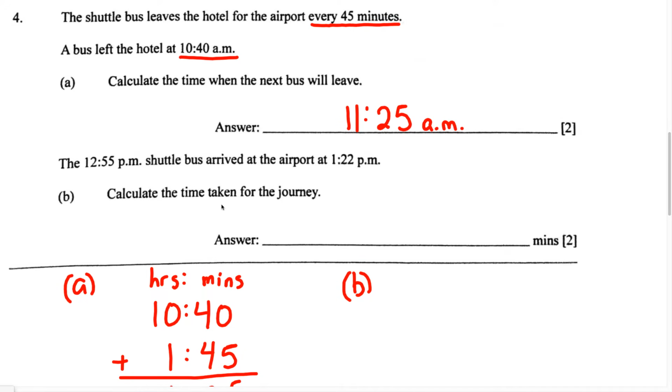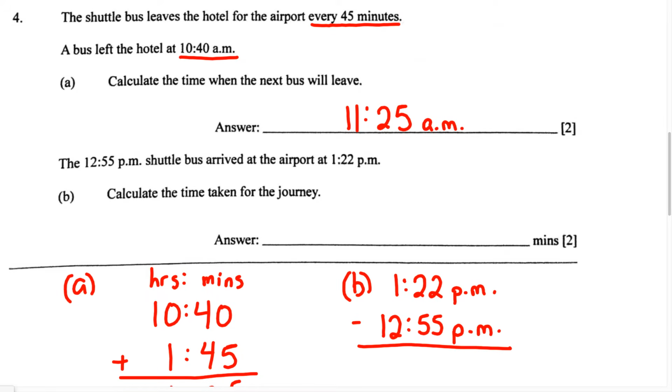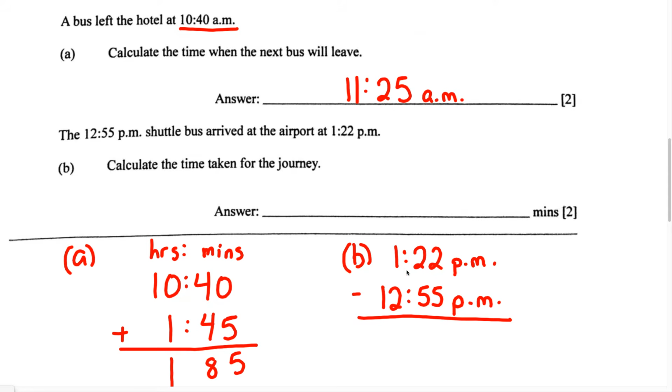Now to find this, we're just going to subtract. So we have 1:22 p.m. minus 12:55 p.m. Now I always like to change this to the 24-hour clock. So to change 1:22 p.m. to the 24-hour clock, we're just going to add 12 hours.